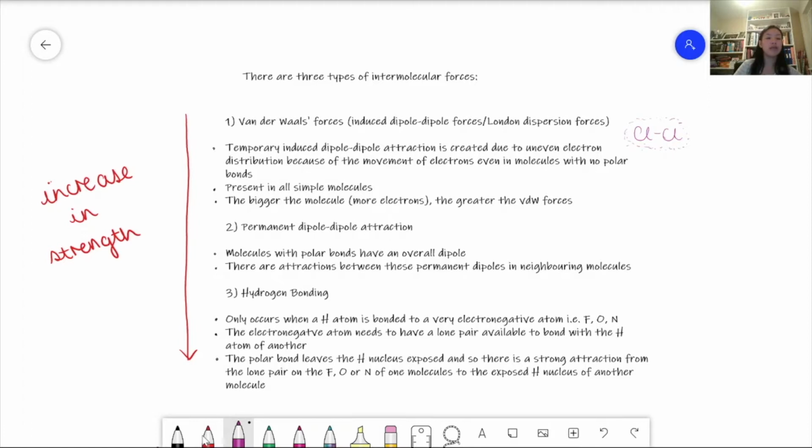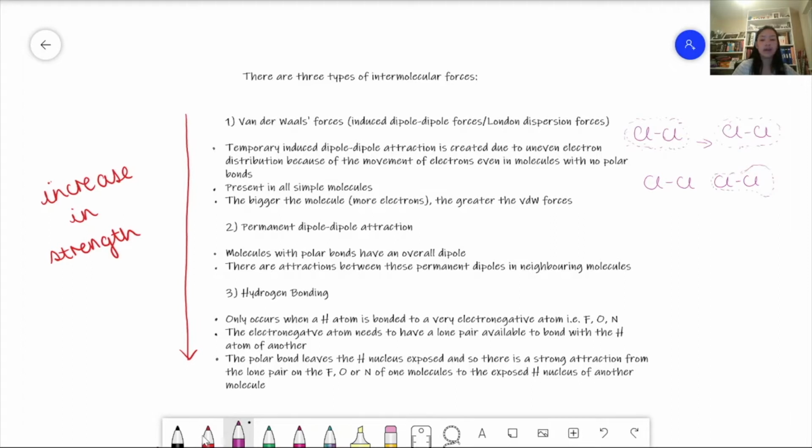If we then approach another Cl-Cl bond, which has an even distribution of electrons again, what would happen is that when it approaches, we have this Cl-Cl here, and another Cl-Cl here. These electrons over here get repulsed, so more electrons gather around the chlorine which is further away.